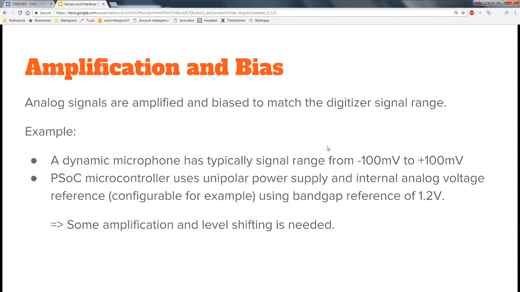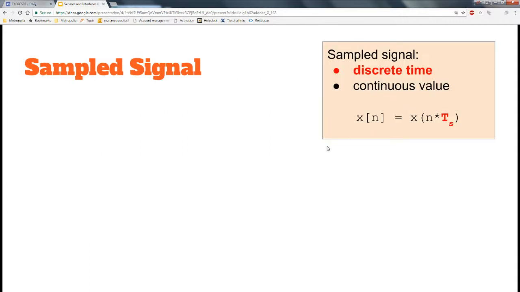And then of course the A to D converter there has its own reference. You can pick the reference voltage. What is the maximum voltage for that one? So it means that you need to do some amplification and also level shifting for that sort of signals.